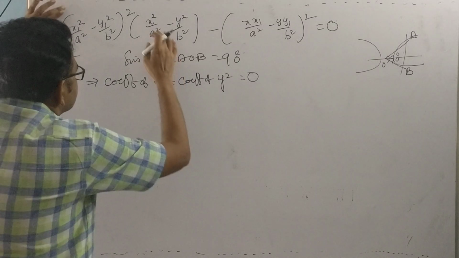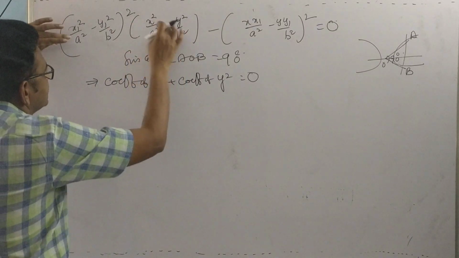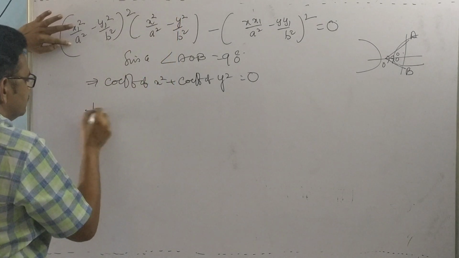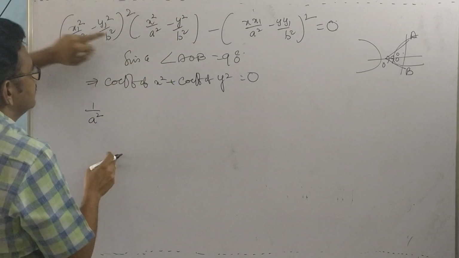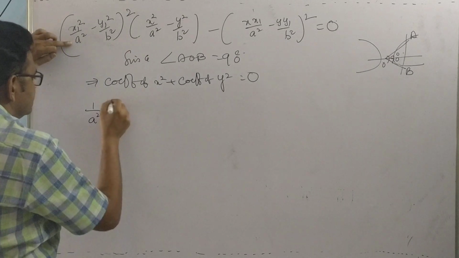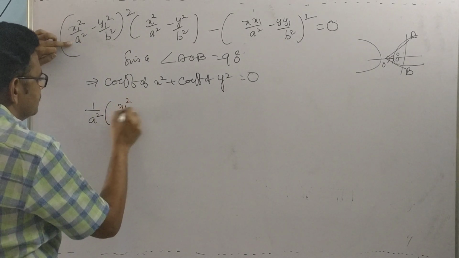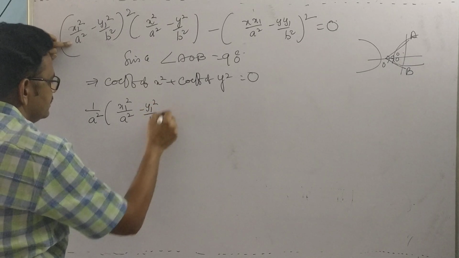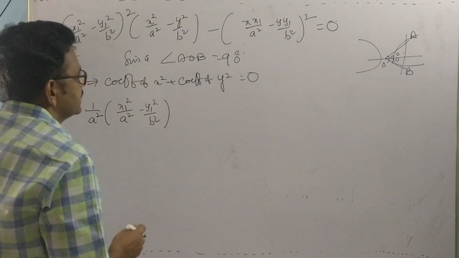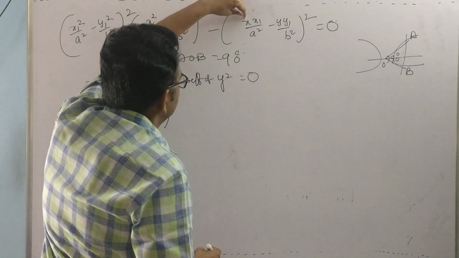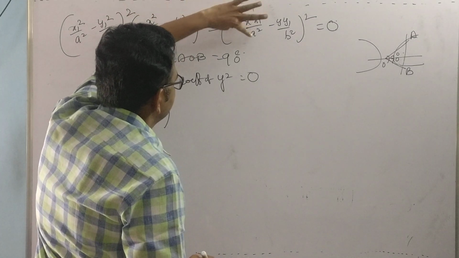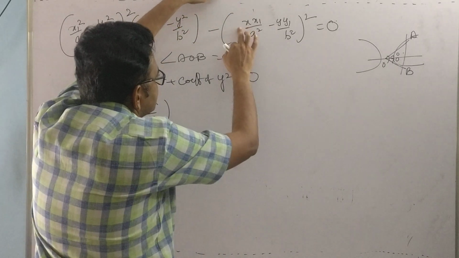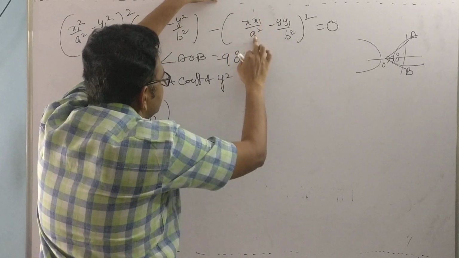What is the coefficient of x square? X square by a square into this one. So I can write the coefficient of x square is 1 by a square into the whole thing, this is x1 square by a square minus y1 square by b square. And next one, this is x square x1 square by a power 4.